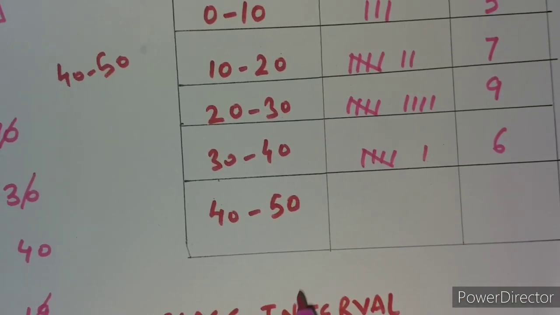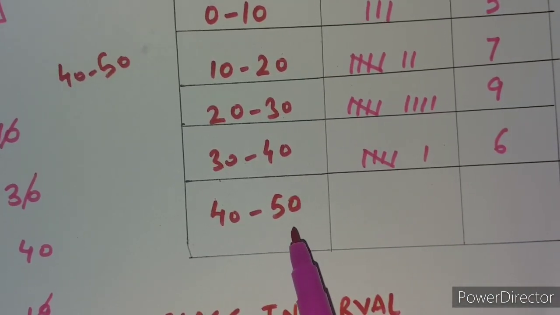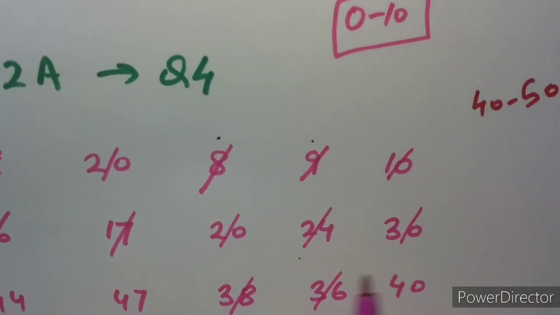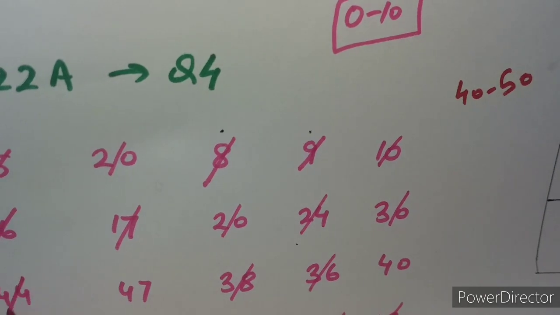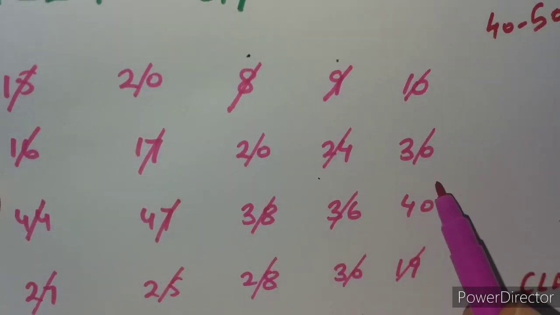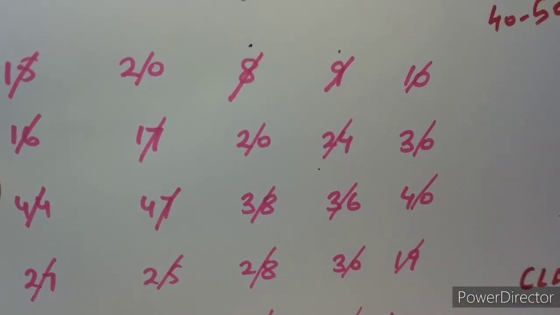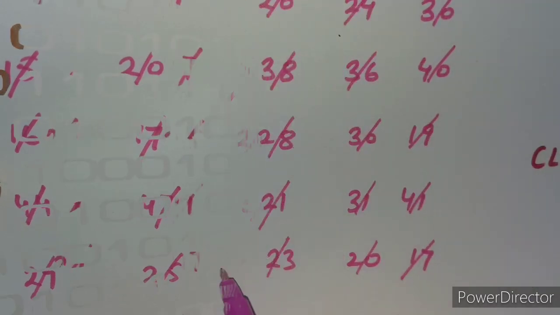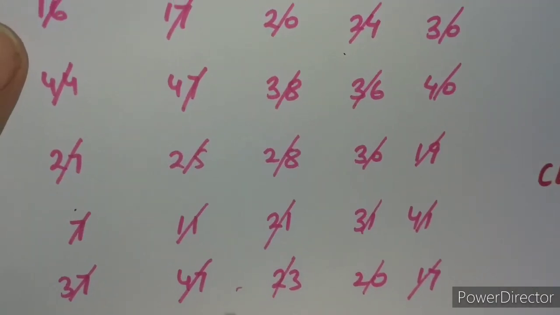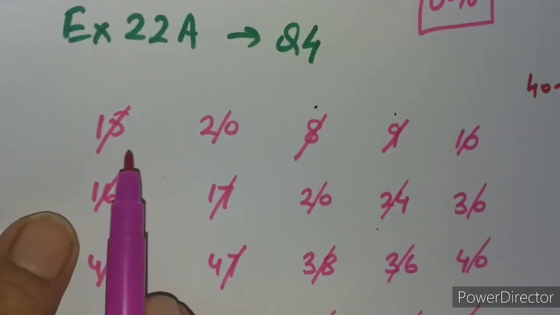Okay. So next comes 40 to 49. We will check if there is any 50 also. First line is over, second line is over. Here we have got 1, 2, then we have got 3 and 4. The last one is here, 47, and we will make sure that we have counted it also.